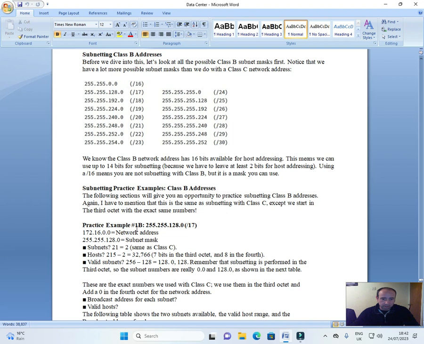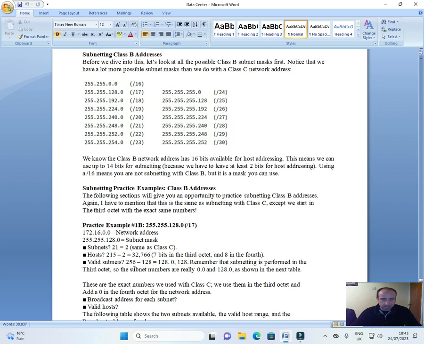Practice example 1B: 255.255.128.0/17. 172.16.0.0 equals network address. 255.255.128.0 equals subnet mask. Subnets: 2^1 equals 2, same as Class C. Hosts: 2^15 minus 2 equals 32,766, 7 bits on in the third octet and 8 in the fourth.